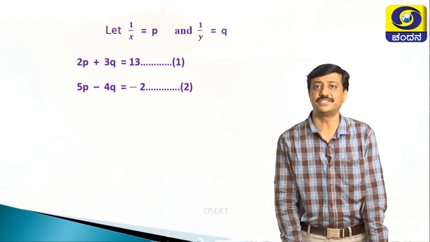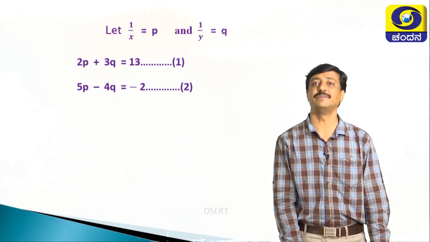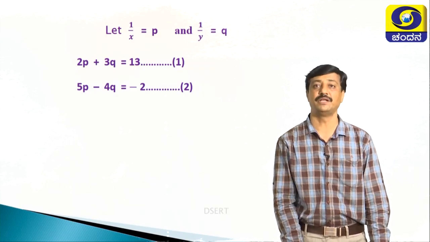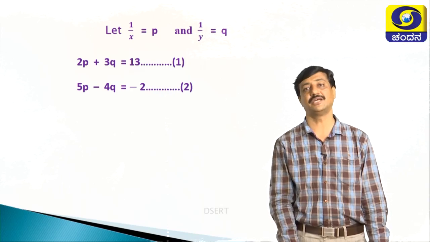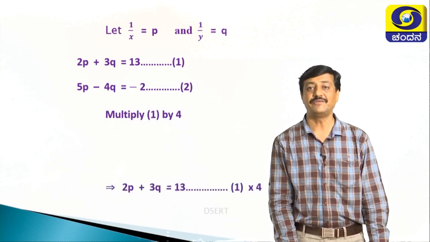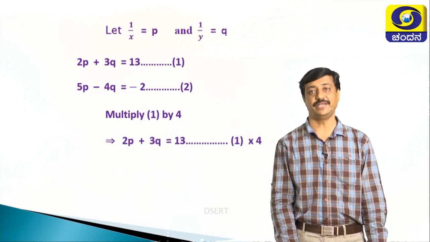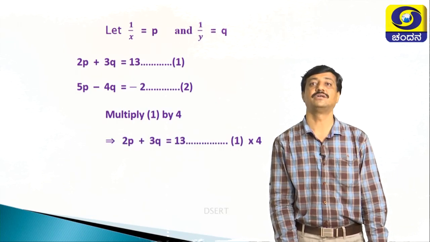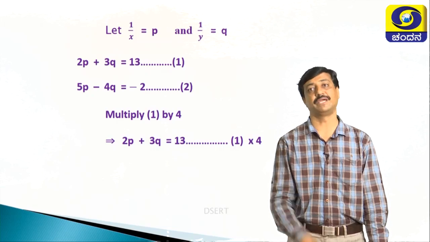Here the coefficients are not equal. Let us make them equal. How is it possible? Just by multiplying with each other. I will multiply equation 1 by 4 and equation 2 by 3, then both the coefficients of q become equal.